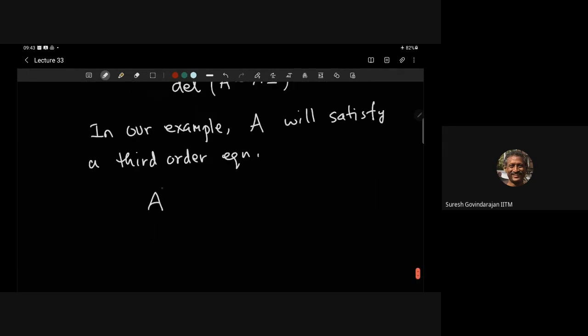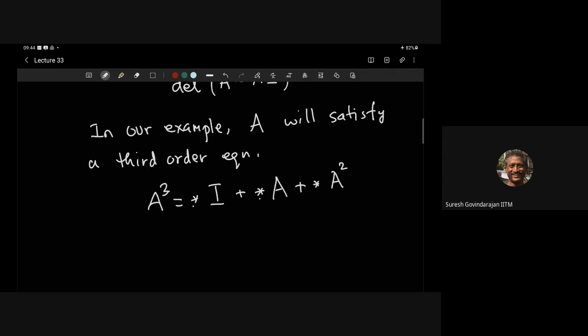It says that A cubed should be expressible in terms of lower powers, in terms of A square. A cube should be expressible as identity, A power 0, times something, plus something with A, these are all arbitrary numbers we have to put, plus A square.